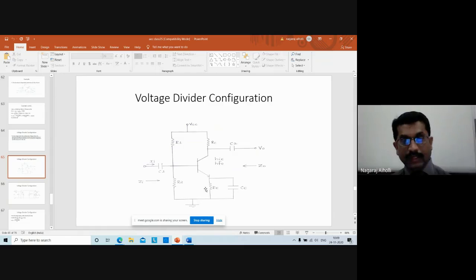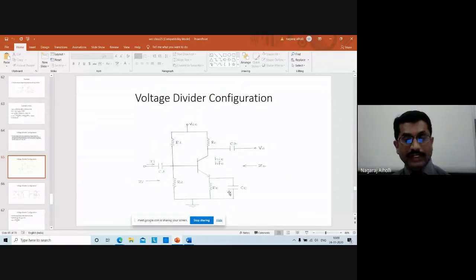Because when we are doing the AC analysis, we are short circuiting the capacitor CE. When we short the capacitor, its resistance will be 0. Short circuit resistance is 0, open circuit resistance is infinite. Therefore, when we short circuit this capacitor, the resistance will be 0, and 0 ohms comes in parallel with RE.